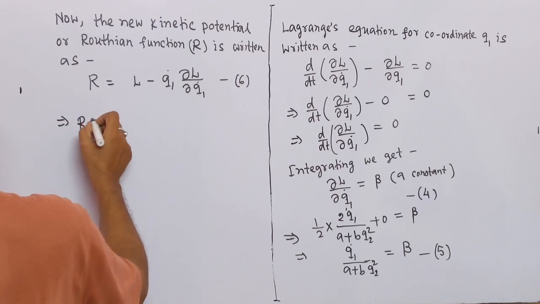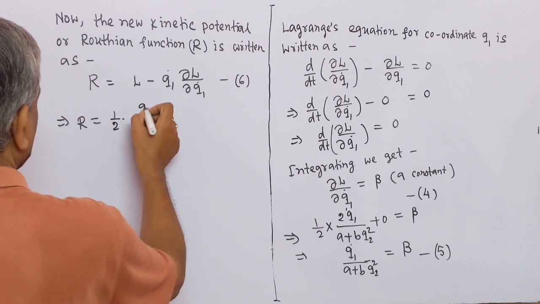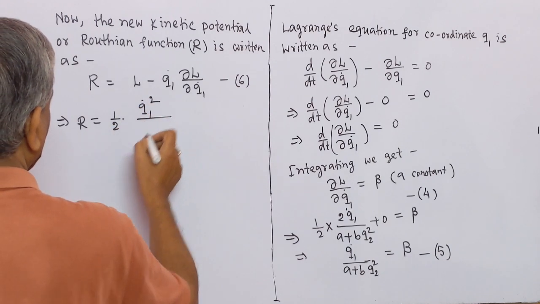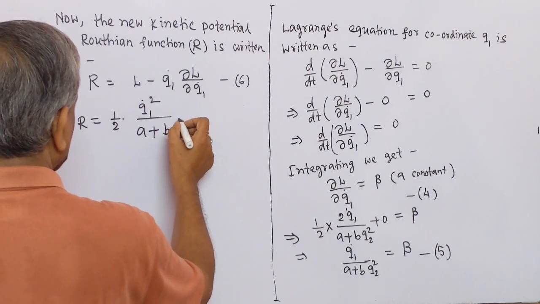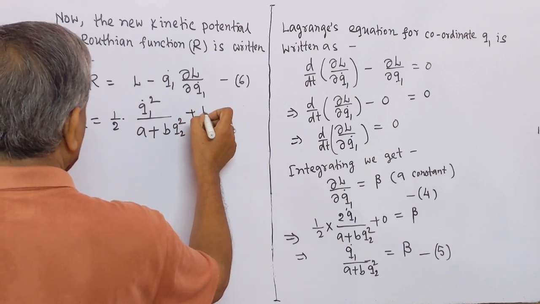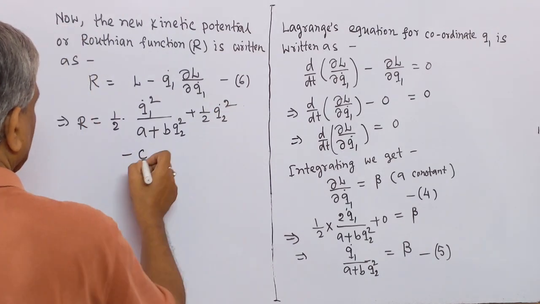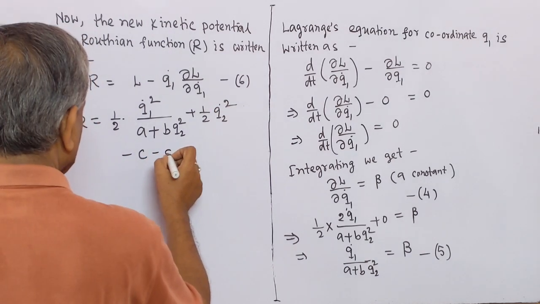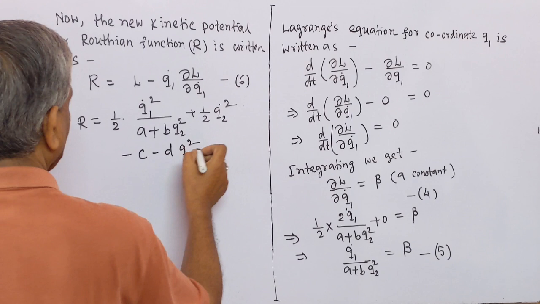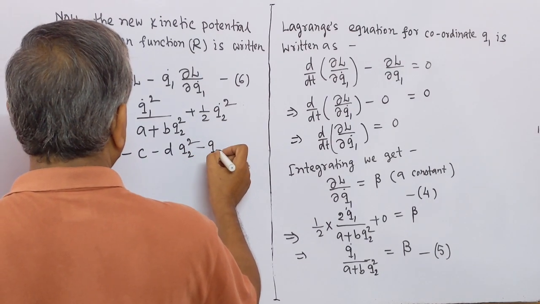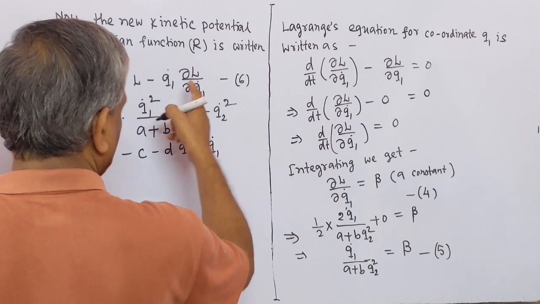Here L is half Q1 dot square by (A plus B Q2 square) plus half Q2 dot square minus C minus D Q2 square, and we subtract Q1 dot times the partial derivative of L with respect to Q1 dot.